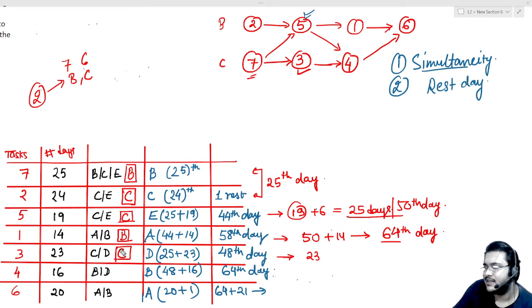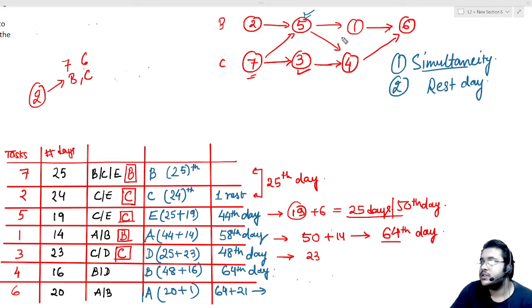And what else is there? 23 days, and it can actually start at the end of the 7th day, because there is no prerequisite for that. Okay, see, one very interesting thing that I just realized is that 1 and 3 can simultaneously start their work.